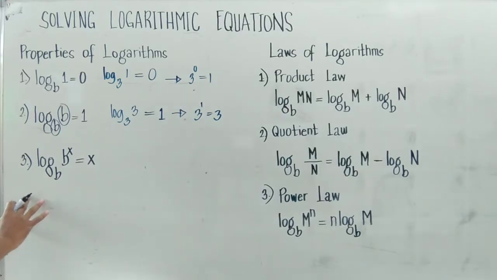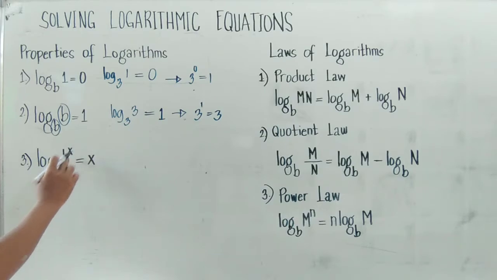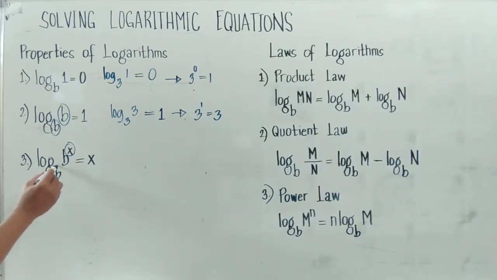Property number 3: log of b raised to x base b. Focus on the exponent. The exponent is x, and the base and the number are equal, so the correct answer is x.